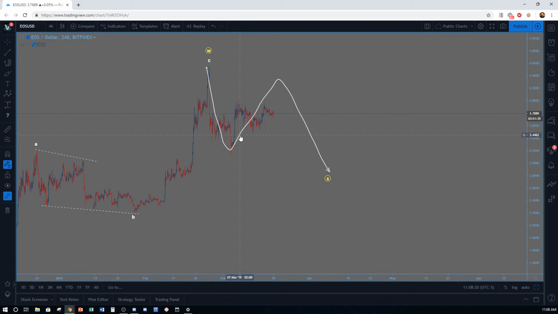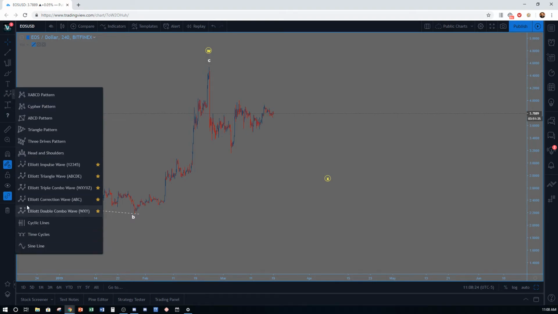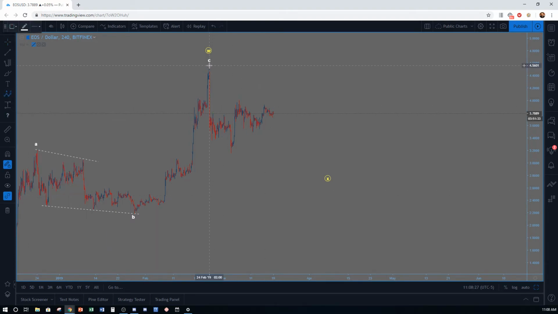Let's take a quick measurement here. I'm going to go ahead and label this guy. So we've got 3 waves, mark this as an A. I still expect a little more upside here as a B, and then some downside. Could this be the count?